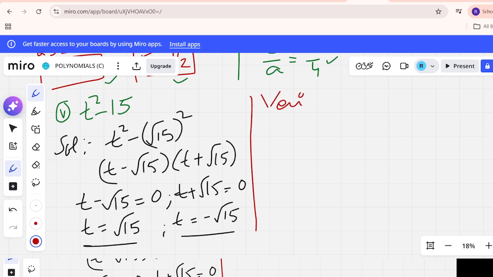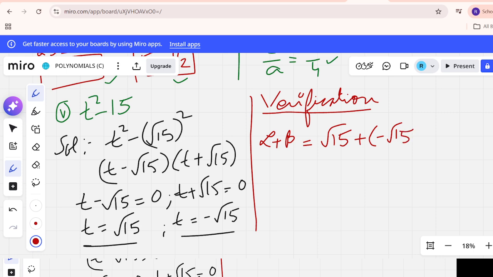Keep the heading as verification. In verification, point number 1, alpha plus beta. Alpha is root 15, plus beta, which is negative root 15. Root 15 plus negative root 15 is 0. Similarly, minus b over a.